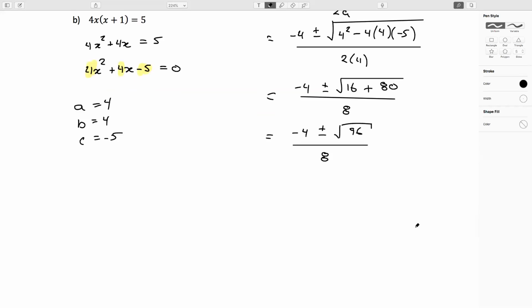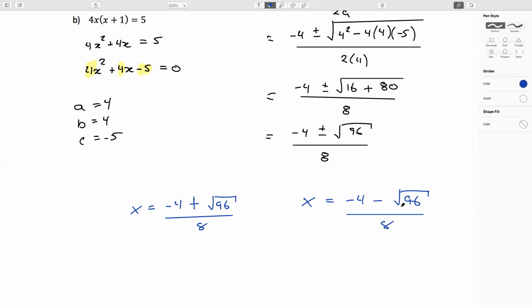And now we go ahead and we do our two calculations. x is either going to equal negative 4 plus square root of 96 over 8, or x will equal minus 4 minus the square root of 96 over 8. And I should probably point out, when you're putting these in your calculator, do the entire numerator in one shot and then divide by the denominator.